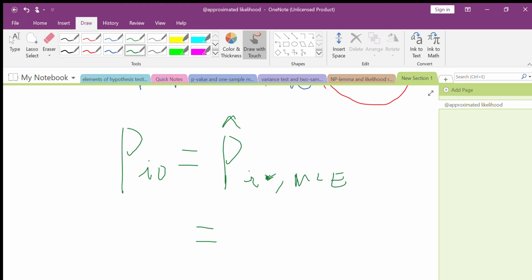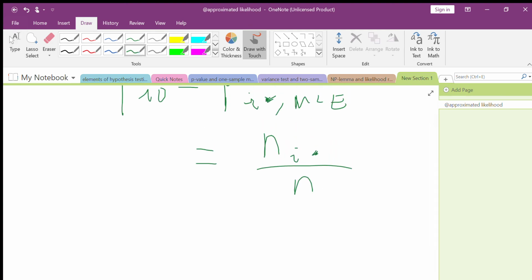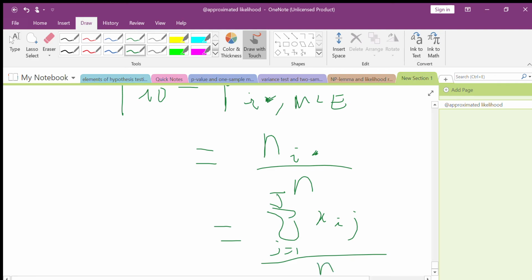You know what ni dot divided by n is; this is our notation. So what is ni dot? Ni dot is the summation of small xij, j from 1 to capital J, divided by n.